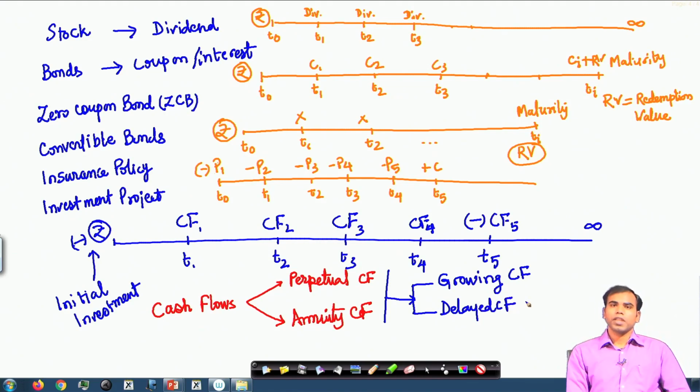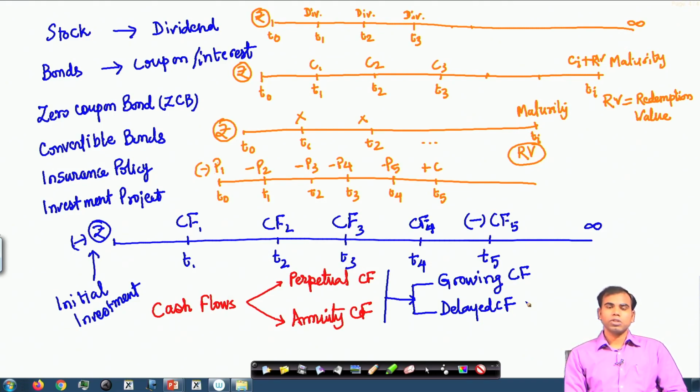For example, if you have a cash flow which grows every period, it is a typical growing cash flow. Let us say you invest some amount of money in the stock of a company, and every year the company is increasing the dividend by a certain proportion. So in year 1 you get x amount of dividend, and in year 2 the dividend amount increases to x into some growth as decided by the company's management.